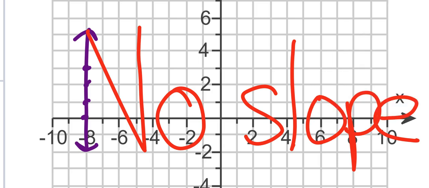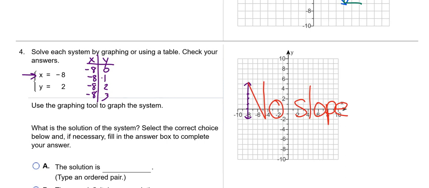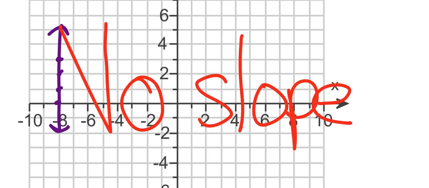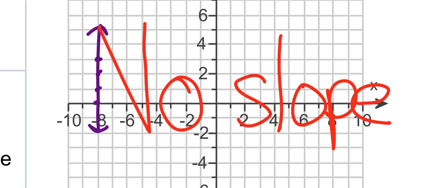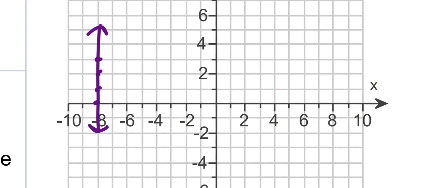How about the other one? y equals 2. Now what kind of line is y equals 2? Horizontal. Let's see if we agree with that. If the y values are 2, so like 0, 2, and 1, 2, and 2, 2, and 3, 2. Yep, that's right.